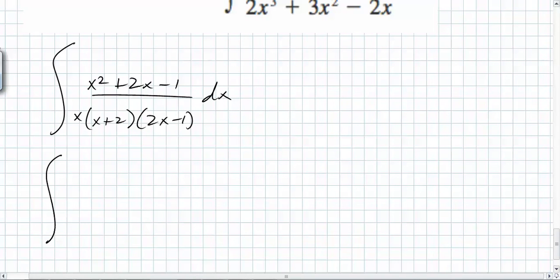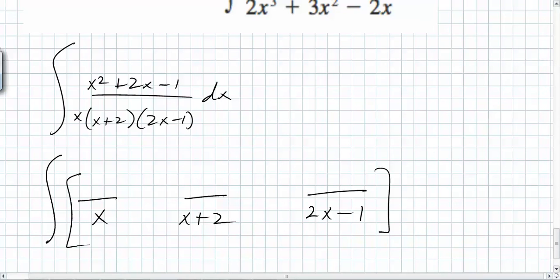And did anybody figure out what it rearranges into? It's going to be 3 things: something over x, something over x plus 2, and something over... Did anybody figure out what's the numerator for x? Anybody have it besides Andrew? What'd you get, Thomas? We got 1/2. Good. What about x plus 2, Fawn?